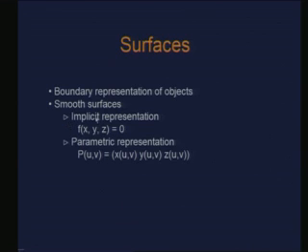The two major representations are implicit representation, where you have the representation of the surface as some function f(x, y, z) equals 0. So there is an inherent solution of a system of equations to be able to get the surface, right.